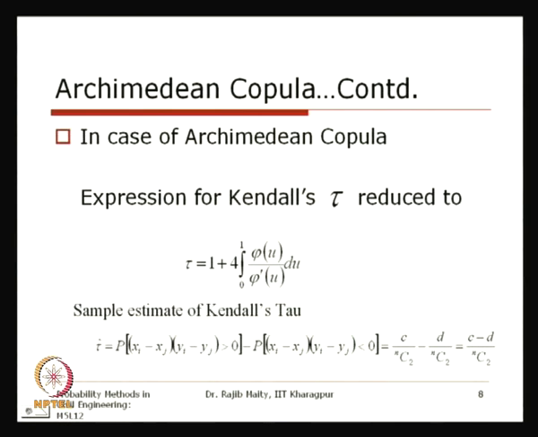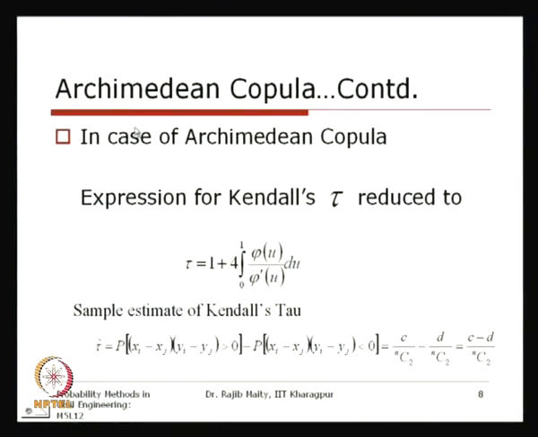Earlier, the expression that we have seen was the general expression for any copula, and from there, depending on the special properties that a class has, we can reduce that relationship to some other, easier mathematical form. So, here is the example for the Archimedean copula.